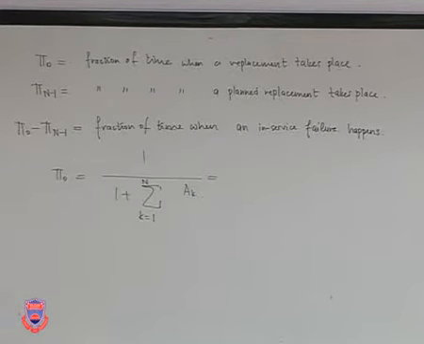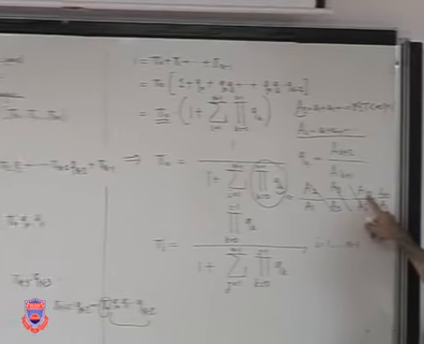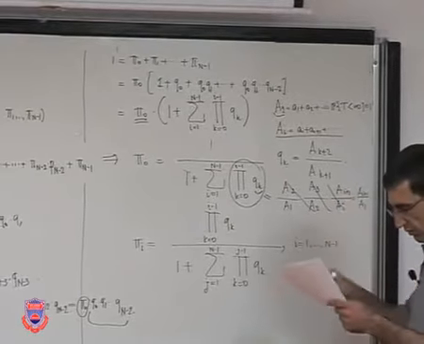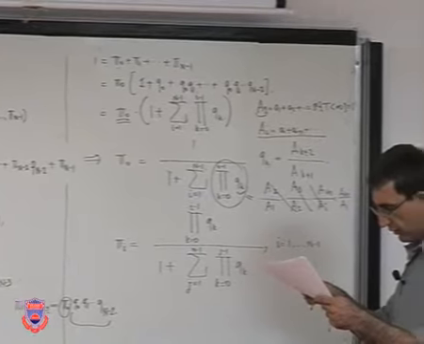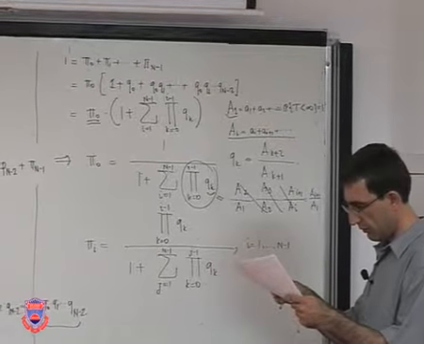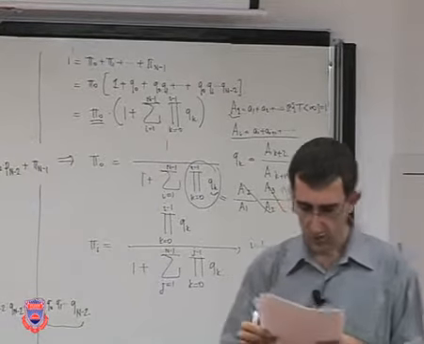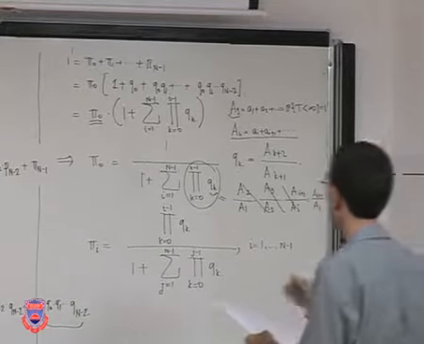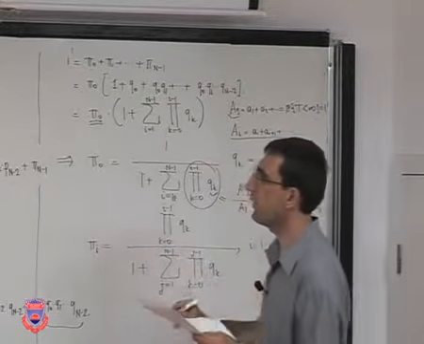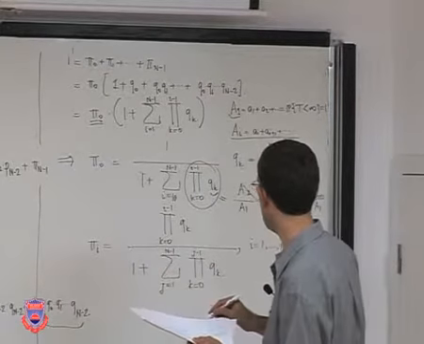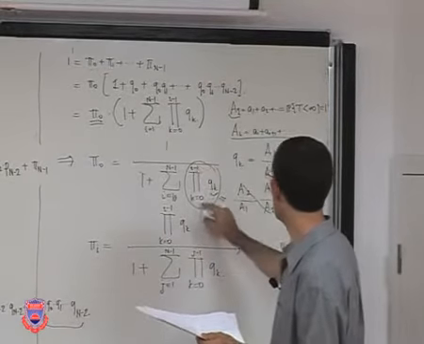If we start from 1 to n minus 1, this is indeed a_{i+1}, right? Or maybe I should check my own calculation. Is there something wrong here? I am getting a different number. Oh no, the sum starts from 1, right? There I made a mistake. I mixed this with this sum.